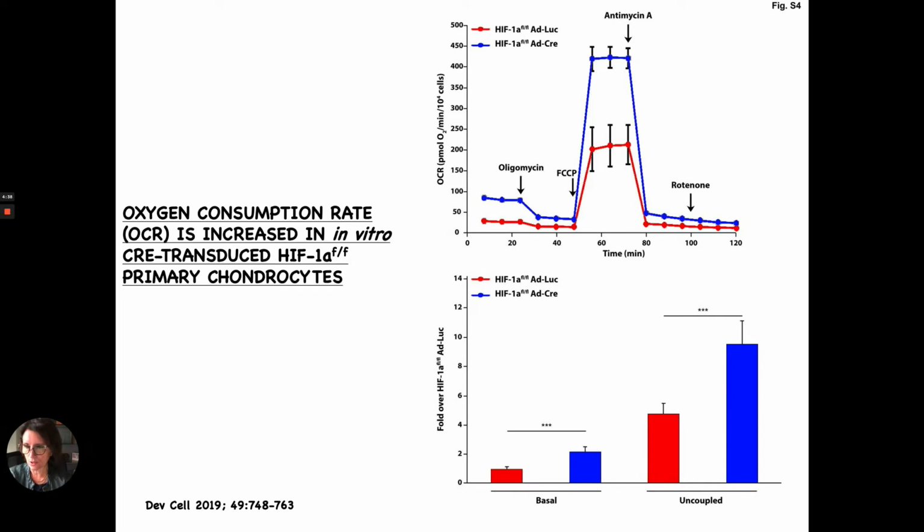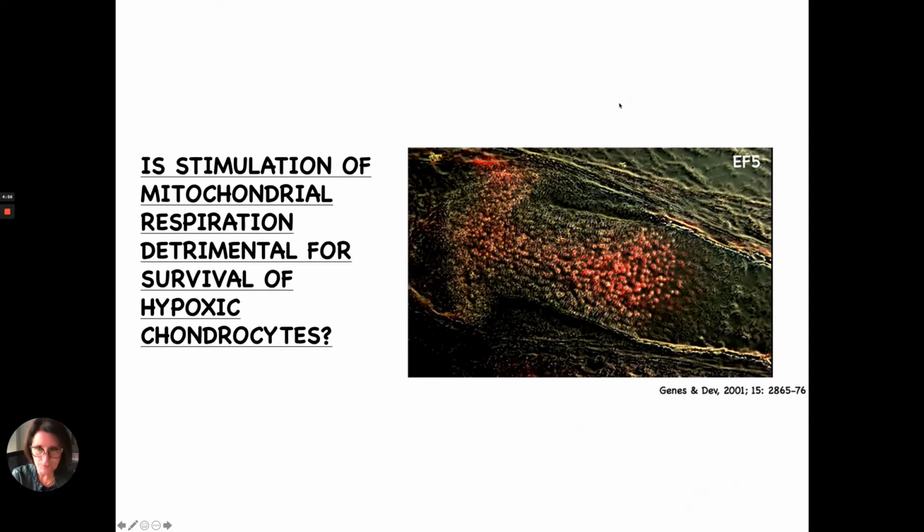We adeno-Cre'd in vitro HIF-1, and we measured oxygen consumption with the Seahorse technology. It was pretty clear that loss of HIF-1 leads to an increased oxygen consumption in both basal state and uncoupled state. So at this point, we know that HIF-1 is an essential survival factor for hypoxic chondrocytes in vivo, and that in vitro loss of HIF-1 leads to an increase in oxygen consumption.